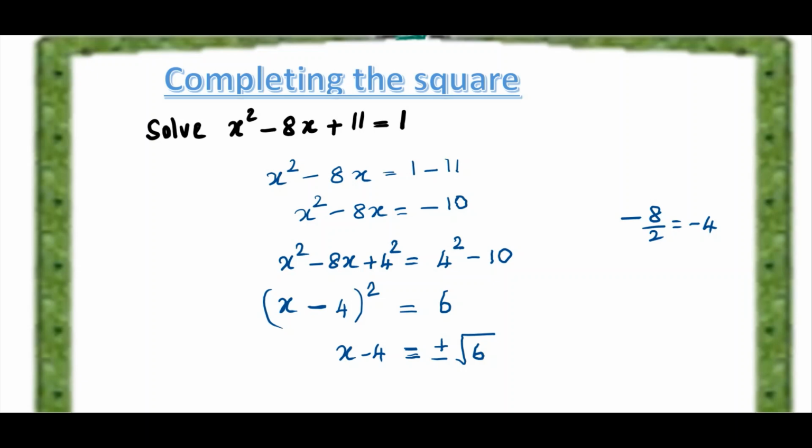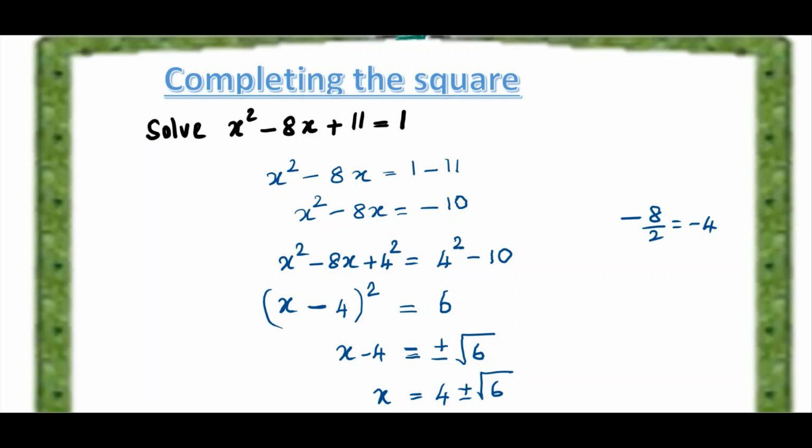Next step is to find x, make x the subject, so bring this negative 4 to the other side, so you will get x equal to 4 plus or minus square root of 6.